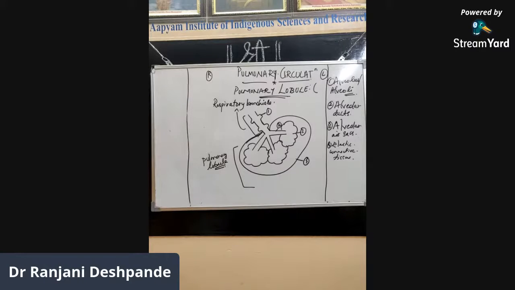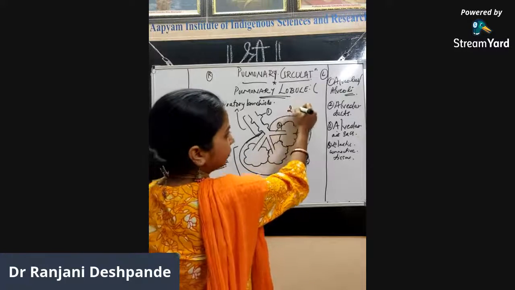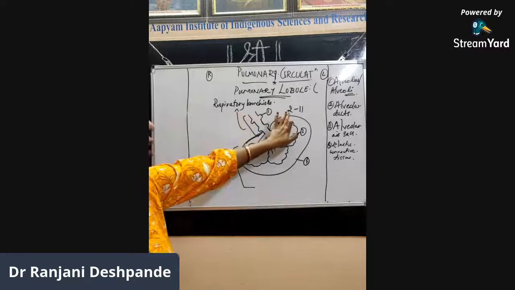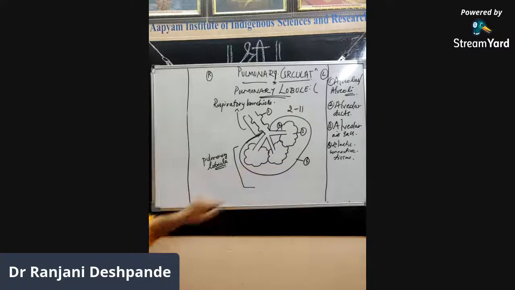What we have to see is that sprouting from each of the respiratory bronchioles, we could have 2 to 11 alveolar ducts. So it could be 2 to 11. From each respiratory bronchiole, around 2 to 11 alveolar ducts will sprout, and then we'll have so many alveolar sacs.